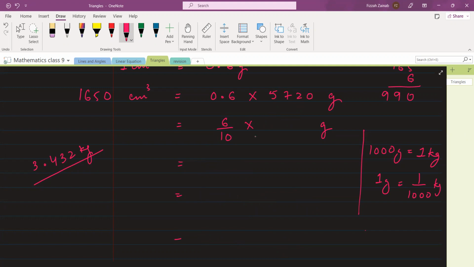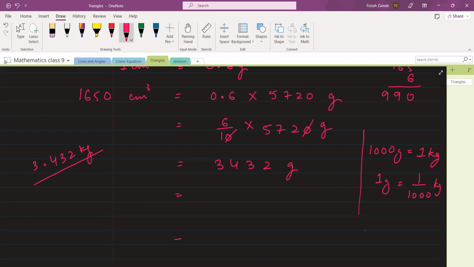So this is 6 by 10 into 5720 gram. So this 0 cancels out. So you have 6 into 572, right? Okay. So this you multiply. So you are going to get 3432 grams.